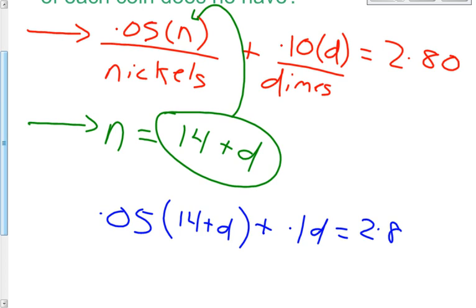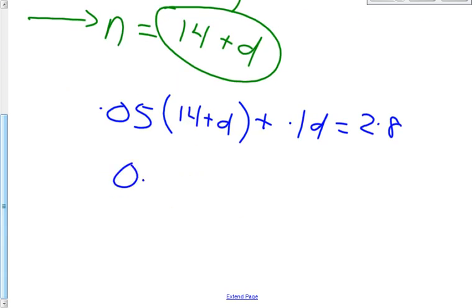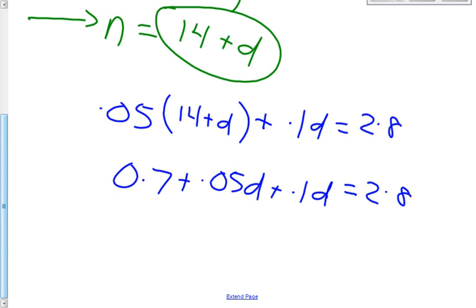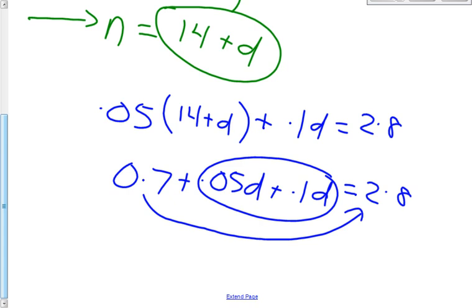So now let's distribute that 0.05. 0.05 times 14 is 0.7. 0.7 plus 0.05d plus 0.1d, that equals 2.8. Combine like terms, let's get our d's together, and let's subtract this 0.7 over to here.